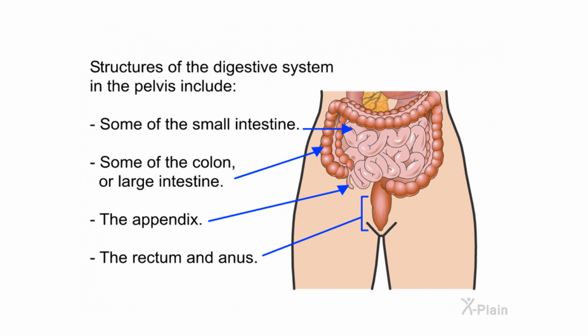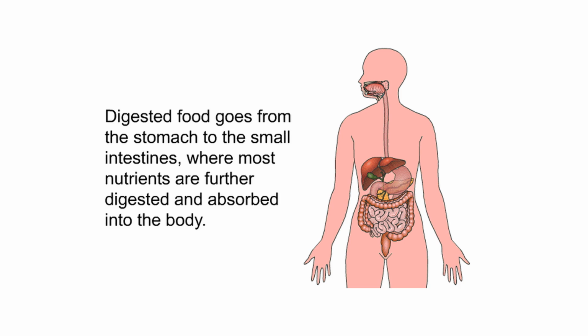Structures of the digestive system in the pelvis include some of the small intestine, some of the colon or large intestine, the appendix, the rectum and anus. Digested food goes from the stomach to the small intestines, where most nutrients are further digested and absorbed into the body.